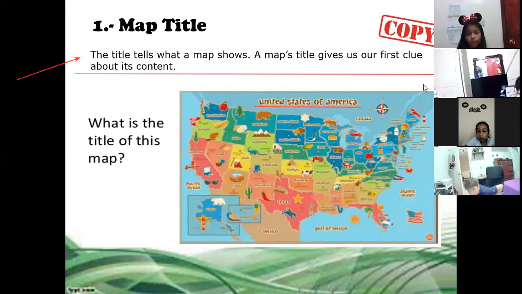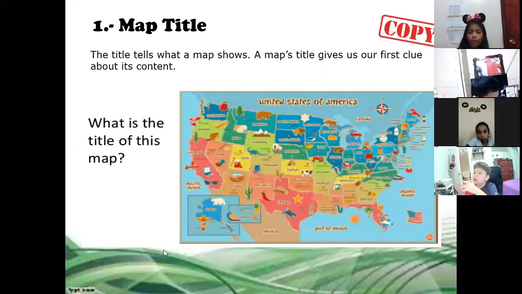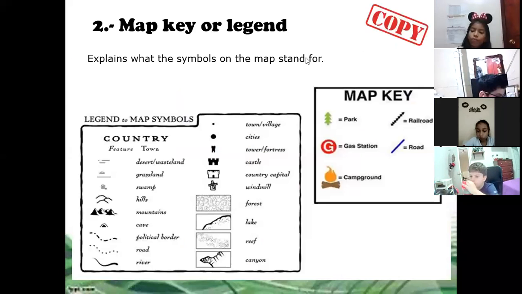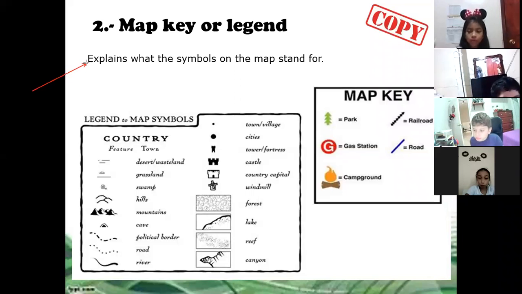Okay. Part number 2. I think everyone copied. Part number 2. Map key, or legend. Copy.